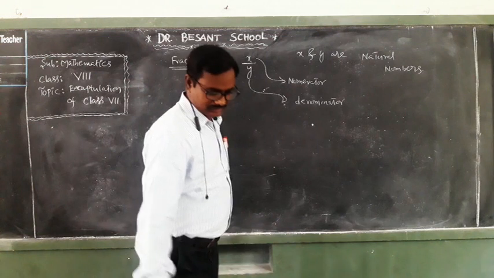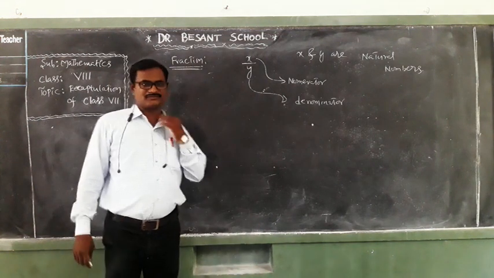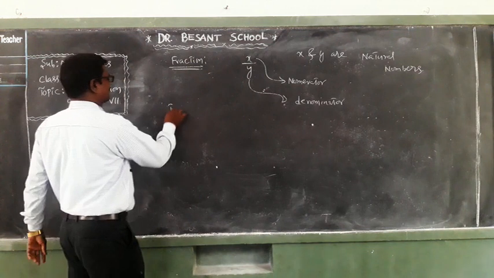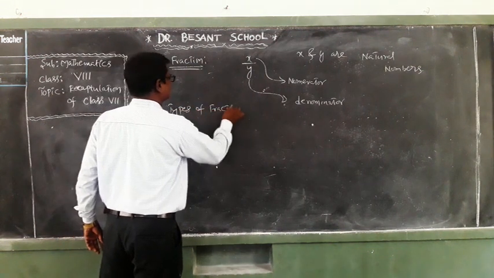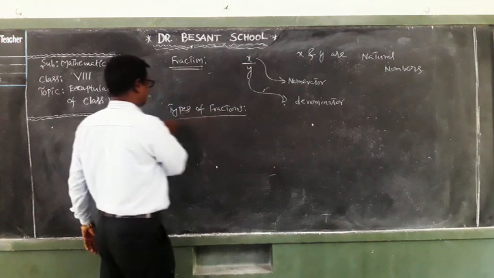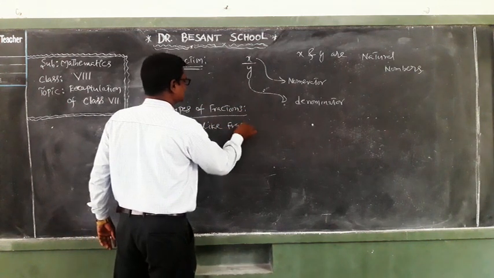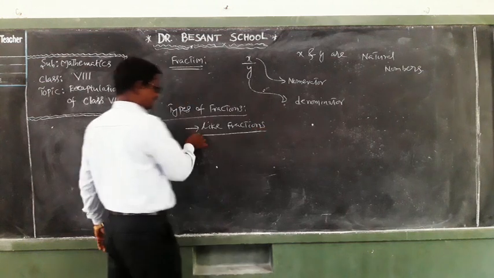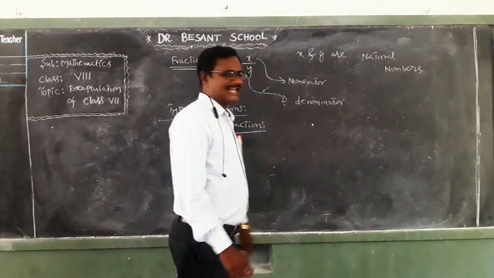After that, we completed types of fractions also in our previous class. For example, like fractions. The fractions which have the same denominators are called like fractions.